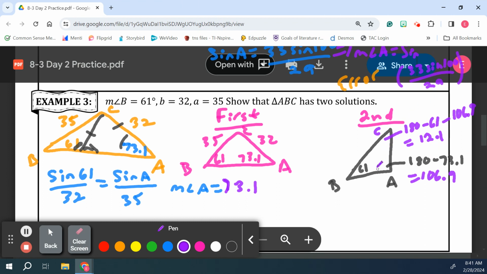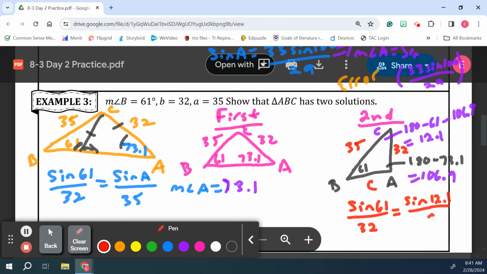All right, so we've got this, right? So we have this solution here. Now one thing that is nice about this is that these sides between BC and CA have not changed. This is still 35. This is still 32. But now we need to find little c here using this information. So we're going to have the sine of 61 over 32 equals the sine of 12.1 over c.